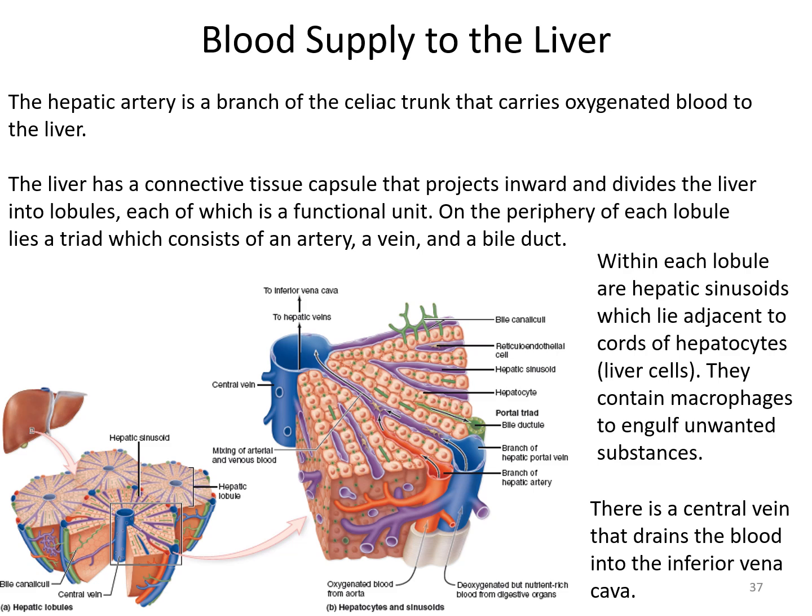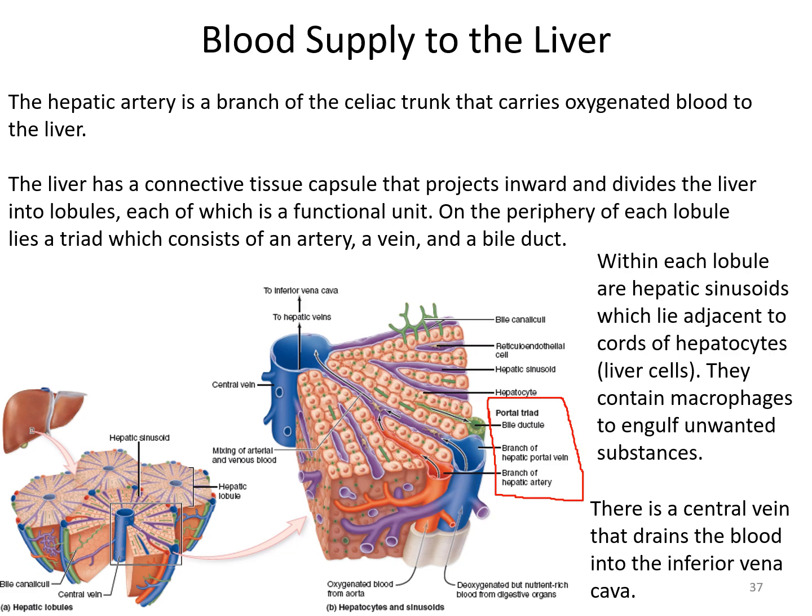On the periphery of each lobule, you have what's called a triad that's got an artery, a vein, and a bile duct. So you can see those 3 structures there.